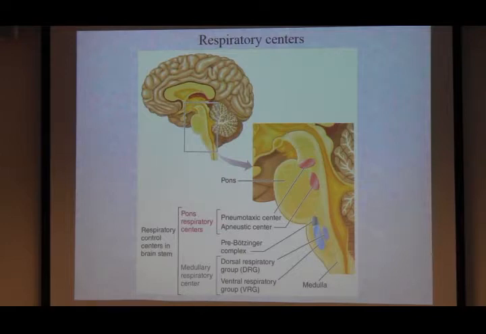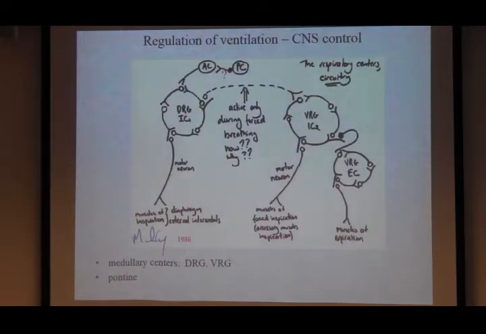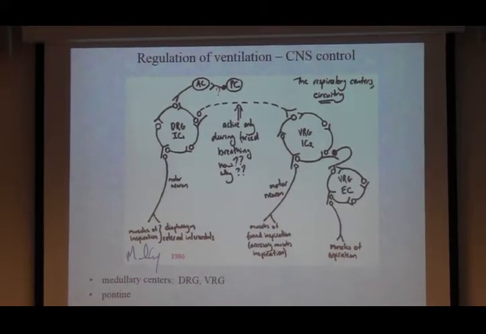So again, your book is not correct by implying that the ventral respiratory group is the pace setter. It's the collective work of the pre-Bötzinger complex and the dorsal respiratory group. What I've done in the next slide is basically draw a schematic of these centers using our typical cartoon figures for neurons.